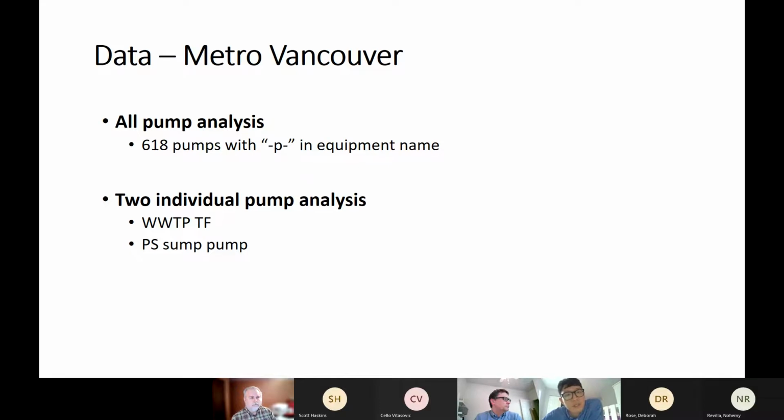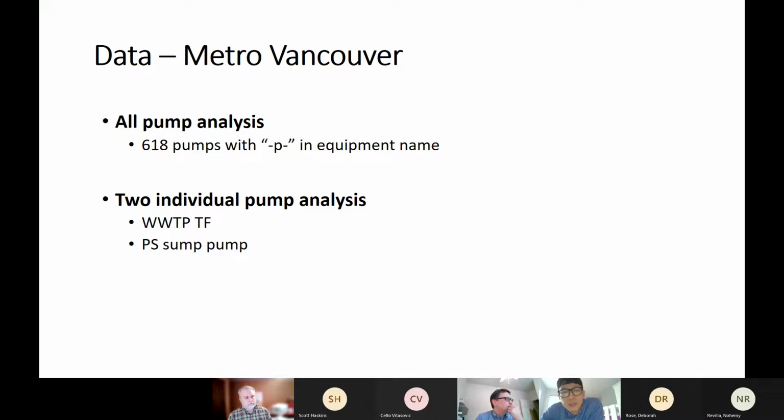So what I've done is I searched all the work orders that are attached to a pump. We have an equipment naming, and in the naming sequence we have a P as a pump, which is an equipment type acronym. I searched all that, and it returned 618 pumps.